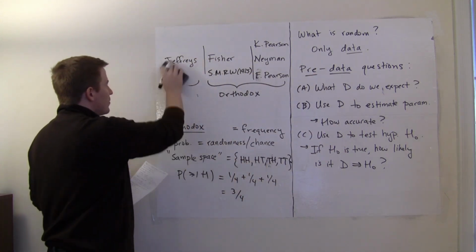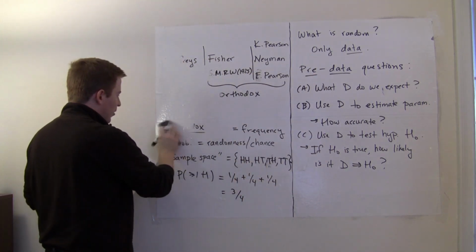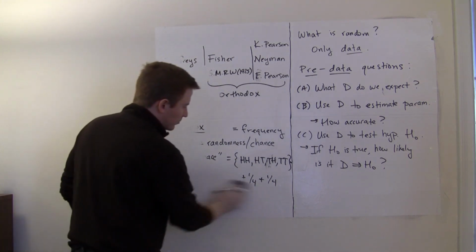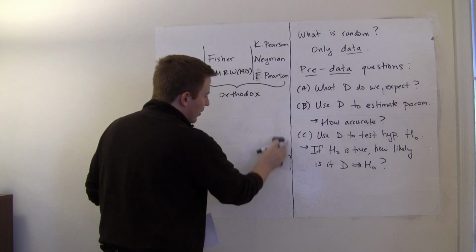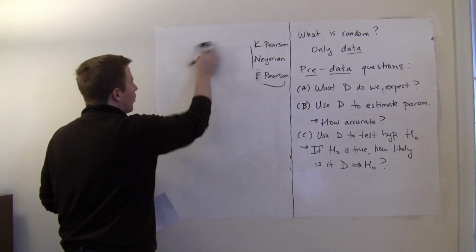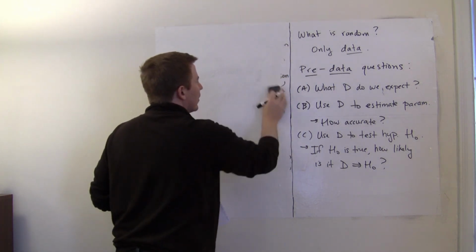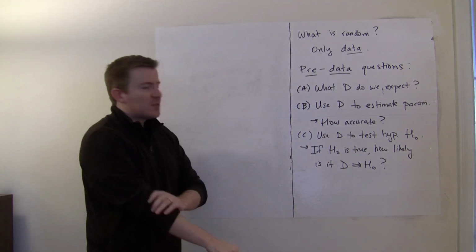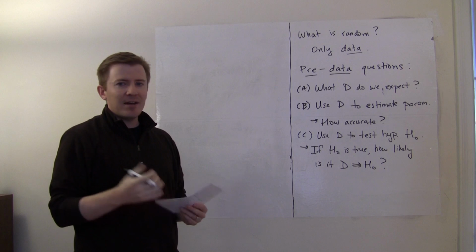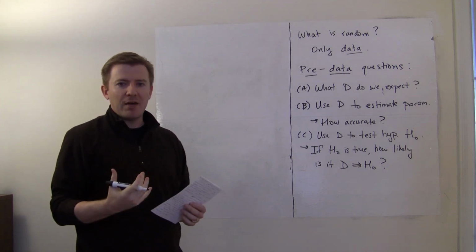Okay, so let's see how that plays out in one or two examples. In particular, what we're going to be most interested in from an experiment is any kind of quantity that we can derive from the experiment.